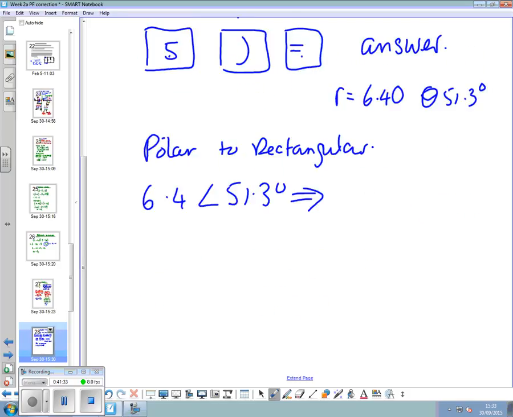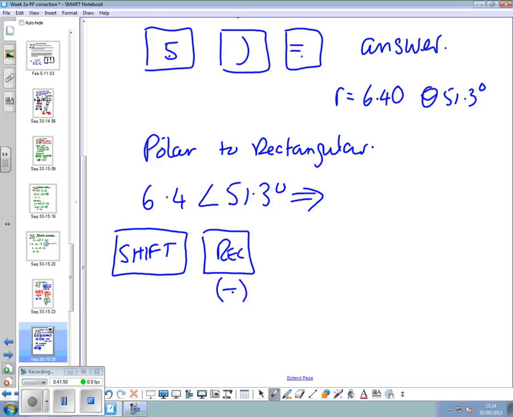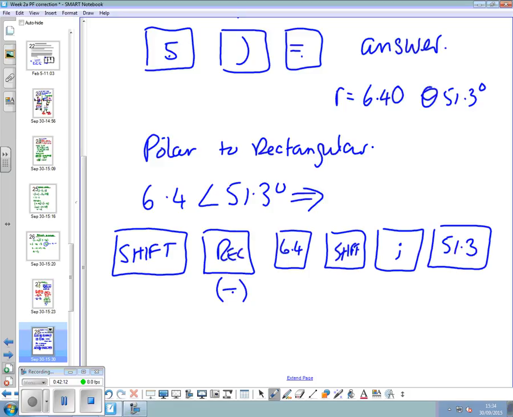The way we do that is shift rec, which is on my minus button, followed by 6.4, followed by shift comma, followed by 51.3, close the brackets, equals.